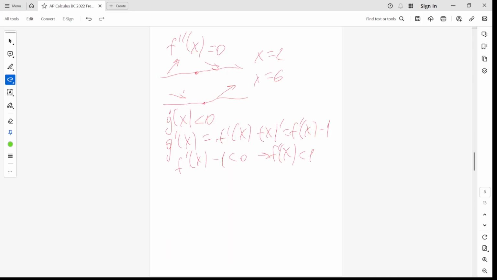So our answer would be x is bigger or equal to 0 and less than 5, because at x equals 5 it's not decreasing, it's a local minimum point, right?